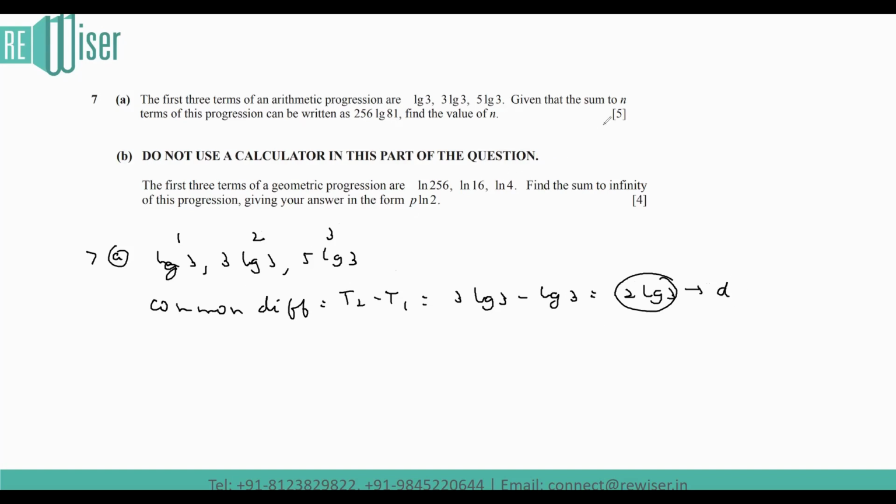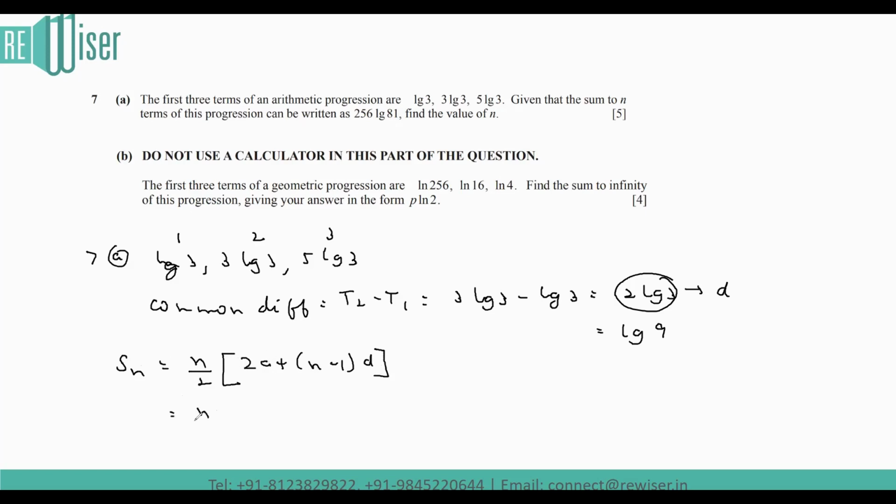Now they have said the sum to n terms of the progression is written like this. 2 log 3 can also be written as log 9. Now, if I'm finding the sum to n terms, the formula is n by 2 times 2a plus n minus 1 into the common difference d, where a is the first term.